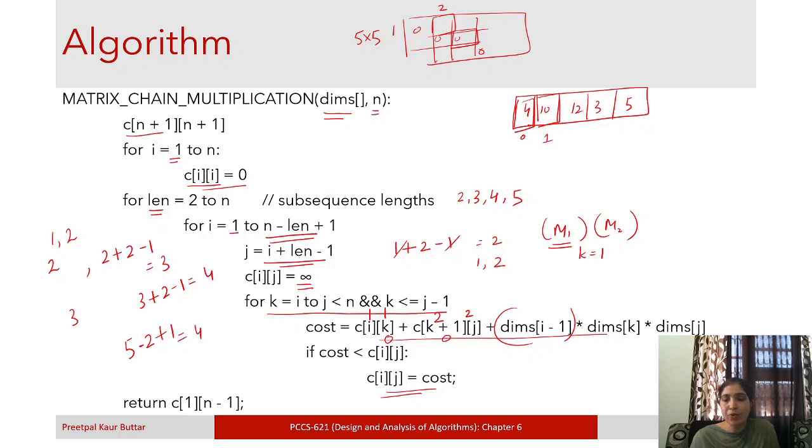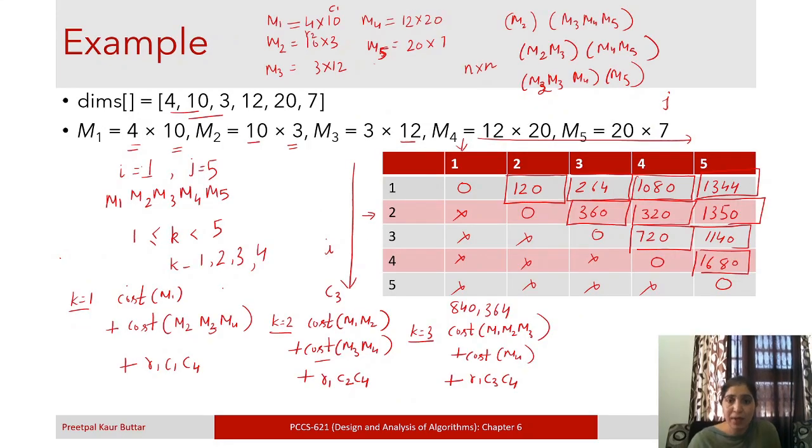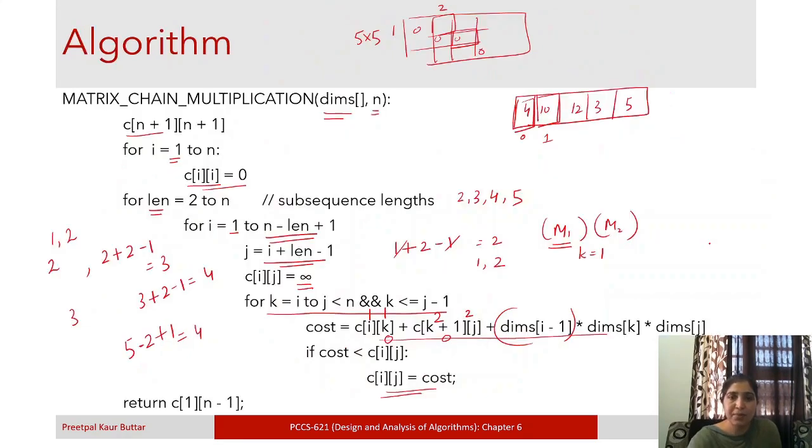So it will move till index 4. As we did here, first it computed 1 comma 2, then 2 comma 3, then 3 comma 4, and then 4 comma 5, right? After computing 1 comma 2, 2 comma 3, 3 comma 4, and 4 comma 5, then we will increase the length.